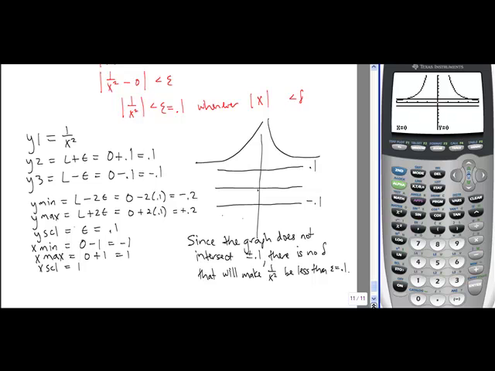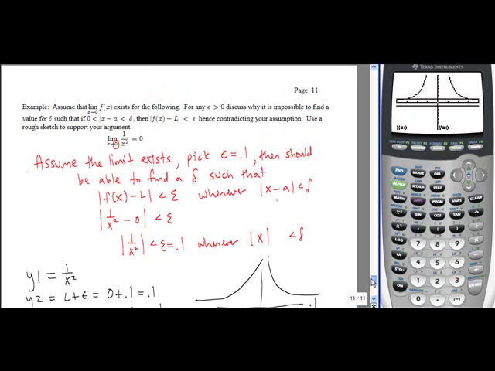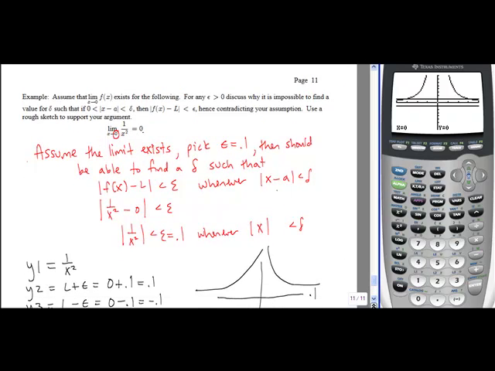So by choosing this particular epsilon, we were not able to find a delta that would make the graph be low enough to hit these two horizontal lines. So this shows that the limit that we were assuming from the very beginning of it being 0 must be false, because we get a contradiction to our limit definition.